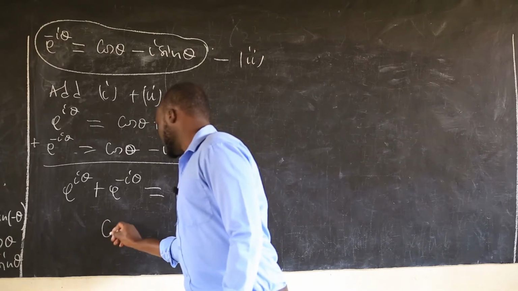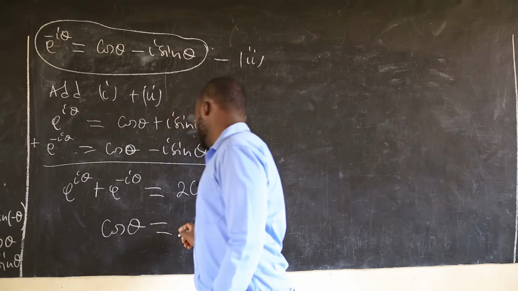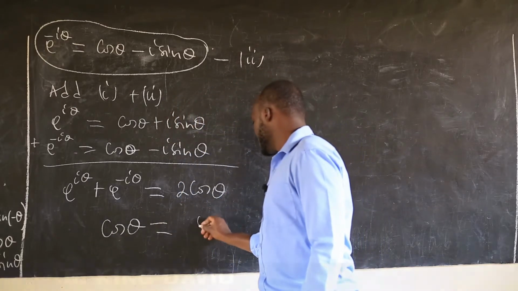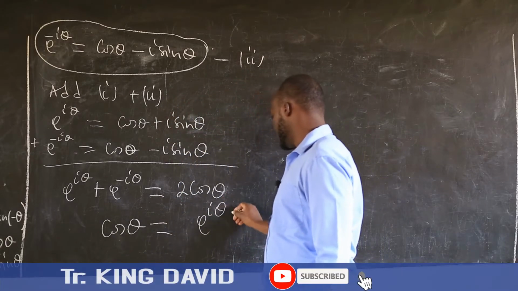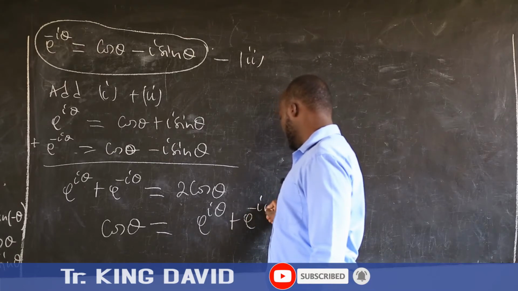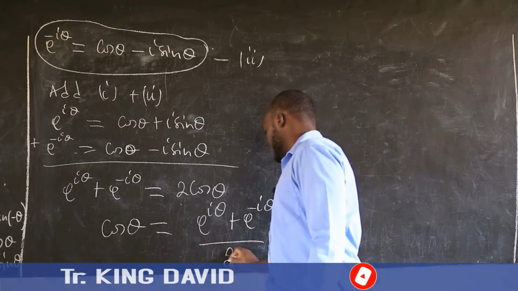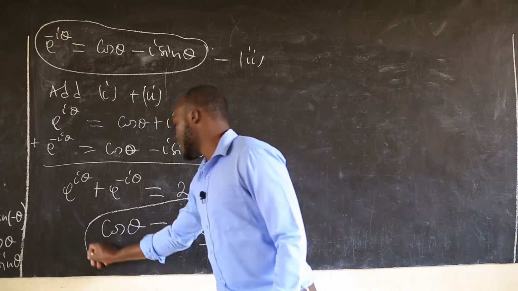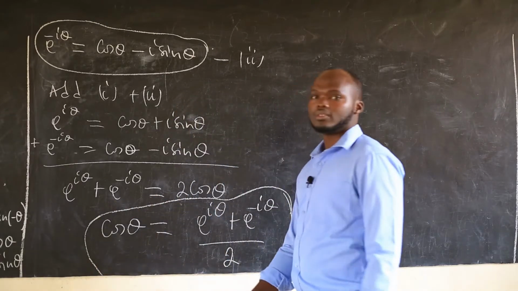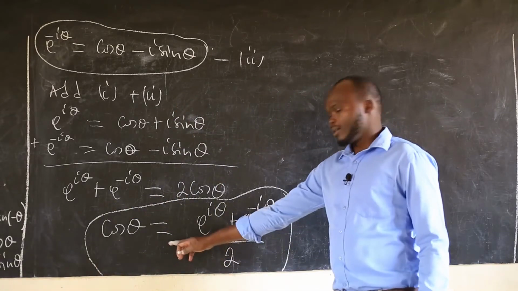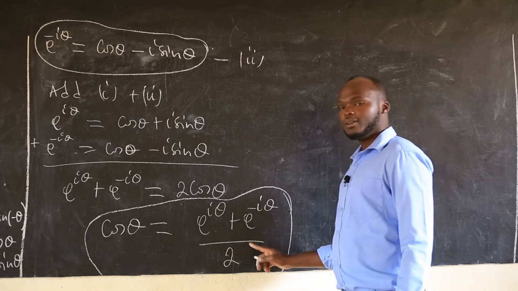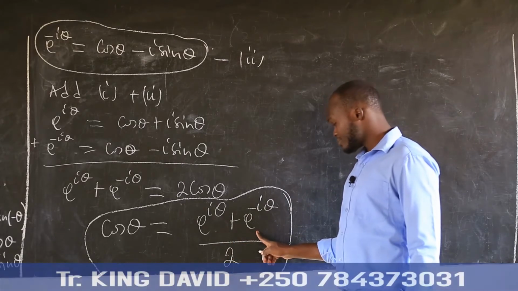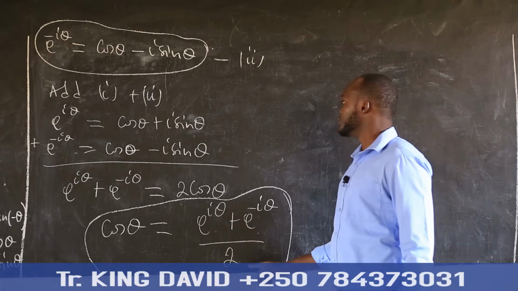This implies that cos angle equals e power i angle plus e power negative i angle divided by 2. So this is the value of cos angle.